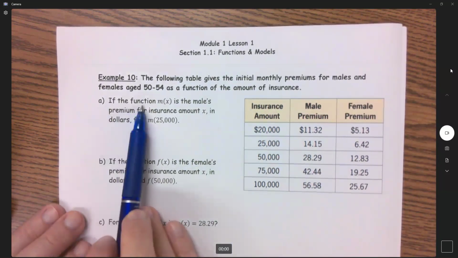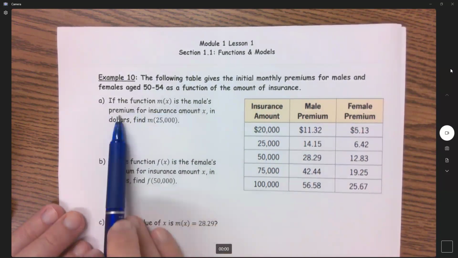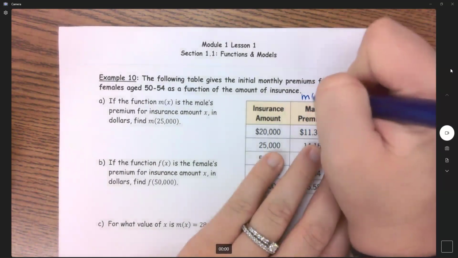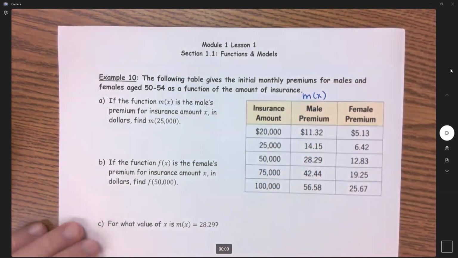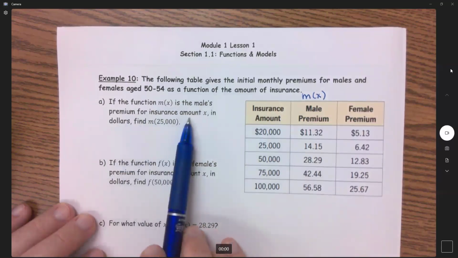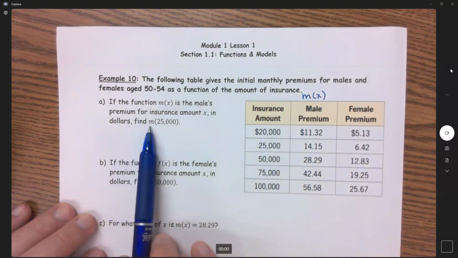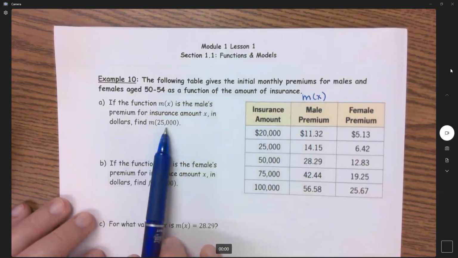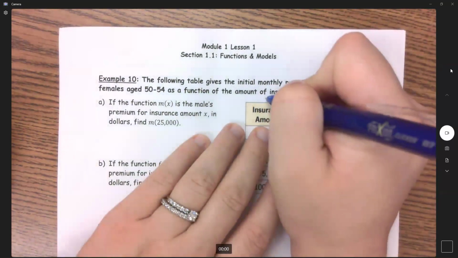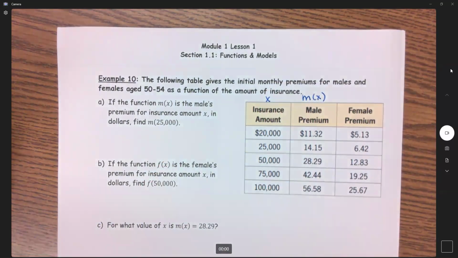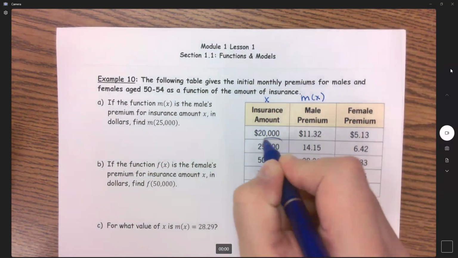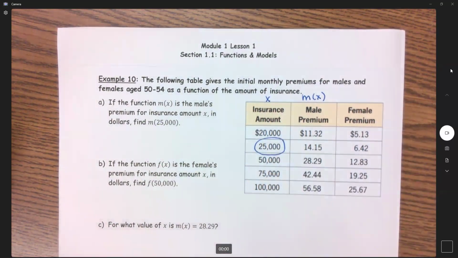If the function m of x is a male's premium for the insurance amount, this column here is our m of x. For insurance amount x in dollars, we want to find m of 25,000. These are my x values. If I want m of 25,000, I go to my x of 25,000.